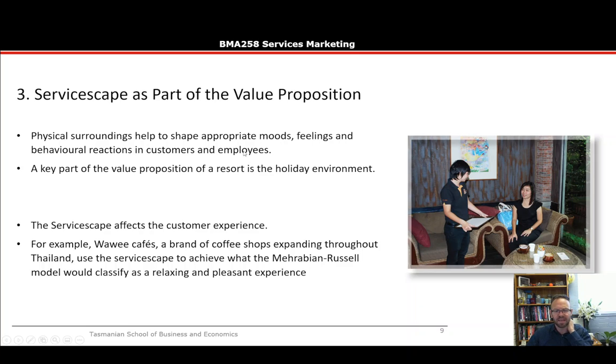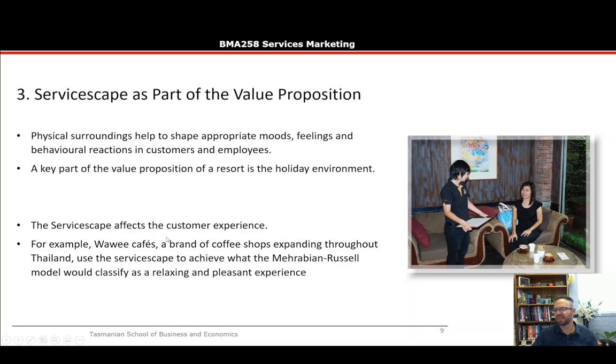Because the employees are the ones that actually do the service. A key part of the value proposition of a resort is the holiday environment, which makes sense, right? So if you go into a hotel, the swimming pool, which is part of the servicescape, is part of the benefit that you derive from using that service.